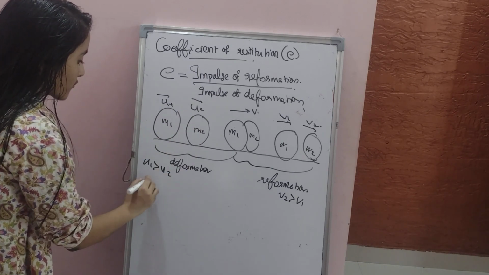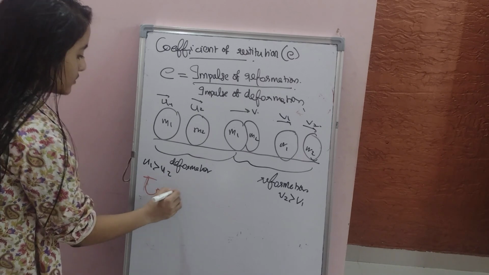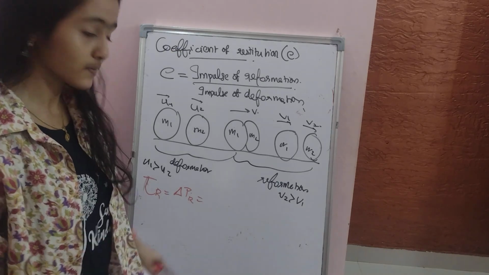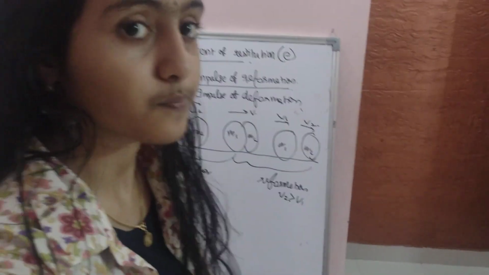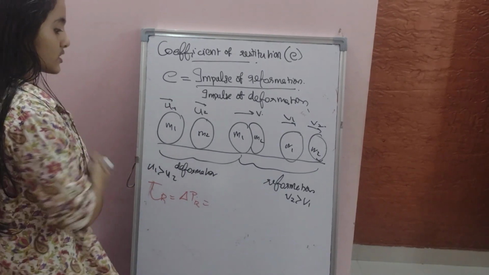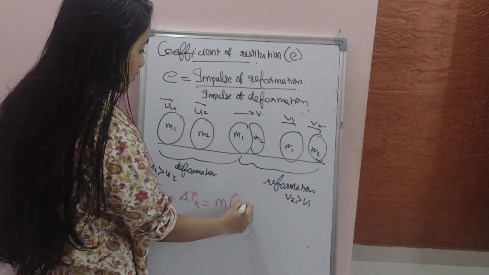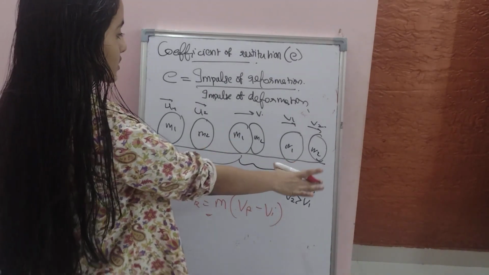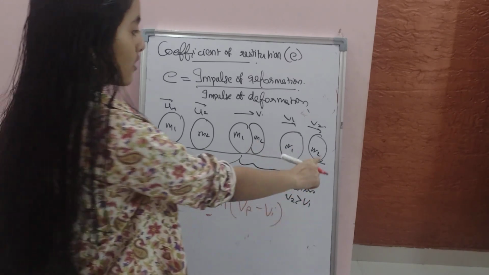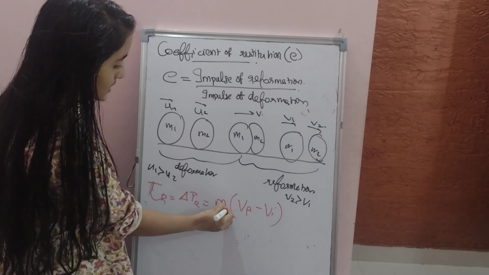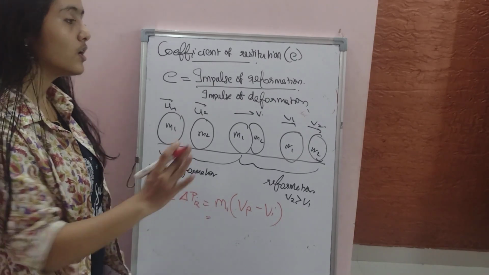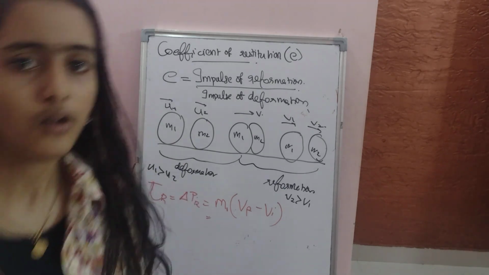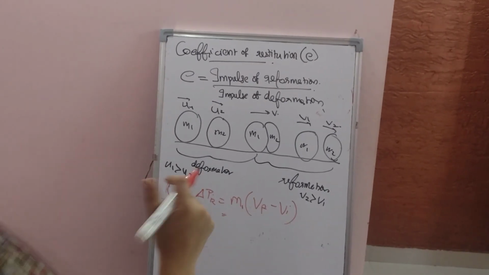Now, what is impulse of reformation? First, we will denote impulse of reformation as JR. JR is change in momentum during reformation. See, impulse is change in momentum. So, what is change in momentum during reformation? Mass into final velocity minus initial velocity. We can consider either m1 or m2, it's no problem.